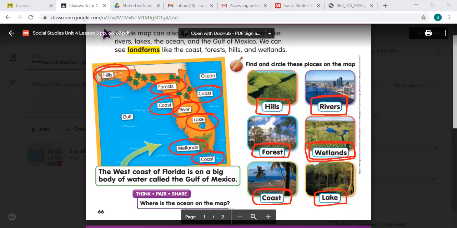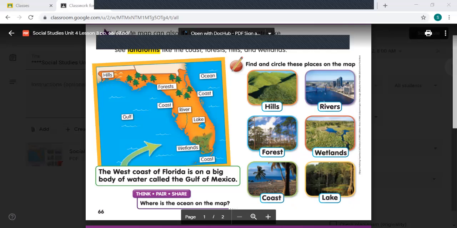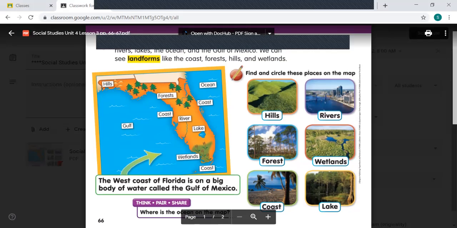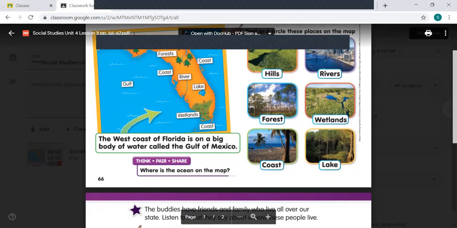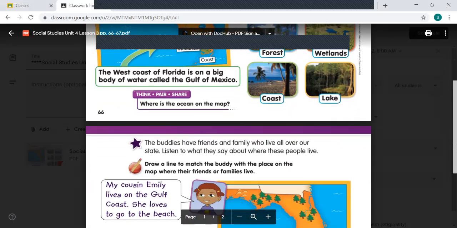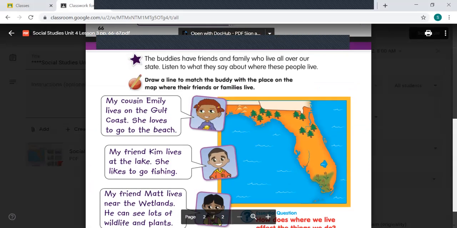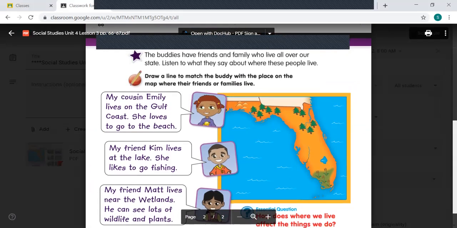Let's go to the next page, which is page 67. Make sure you have your name and date on this page. All right, let's go to the next one, 67. Here we are. All right, let's read it together.